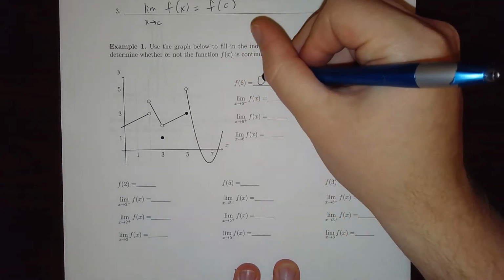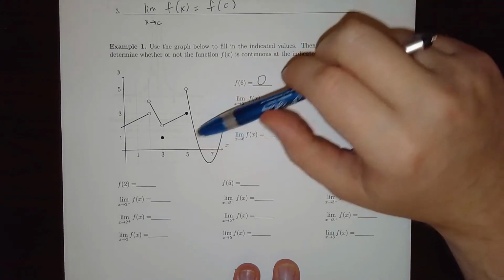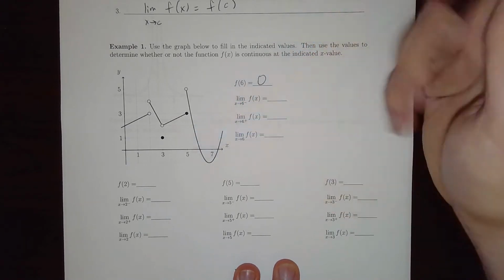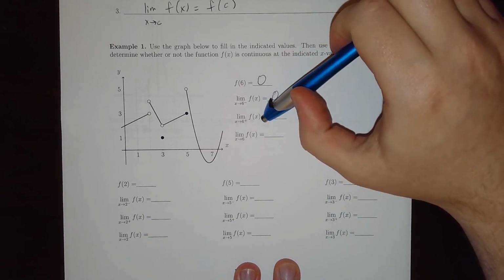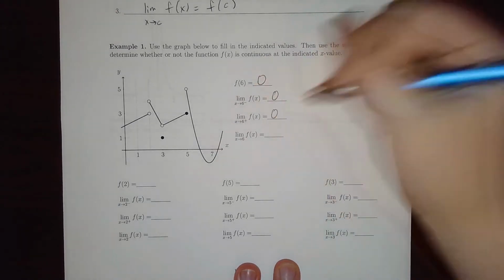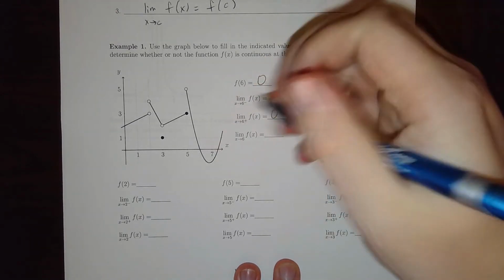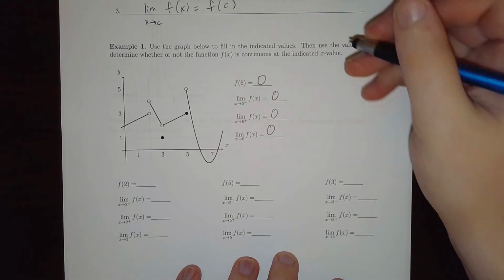As we look at the limit as x approaches 6 from the left, it looks as though all the y values are going to 0, so it's 0. As we look at the limit as x approaches 6 from the right, again, it looks like we're going to 0 for the y values. And so the overall limit is 0 as x approaches 6.